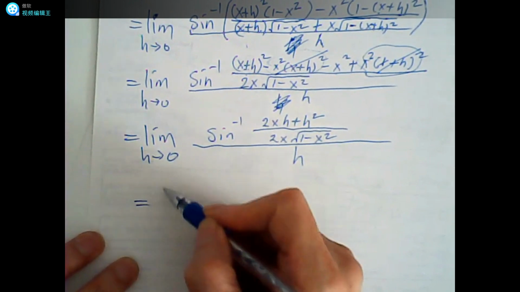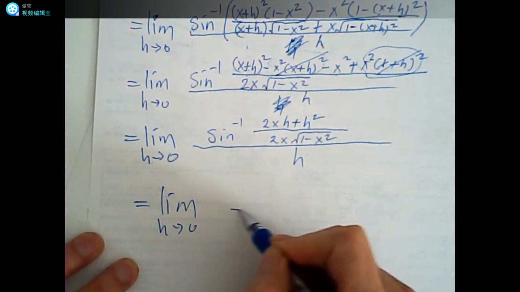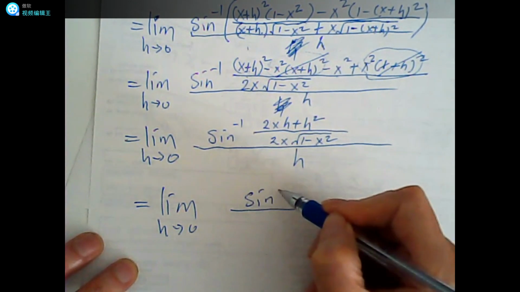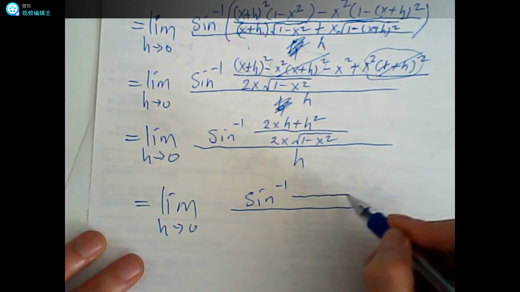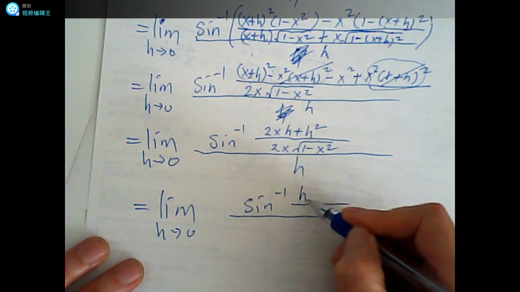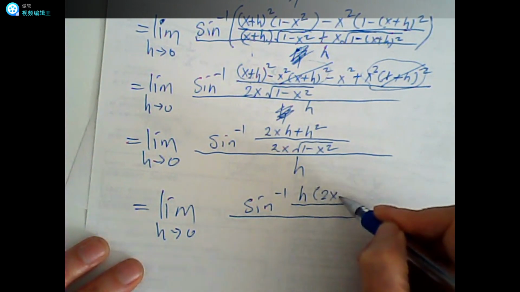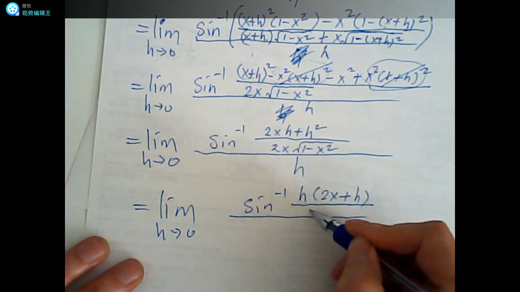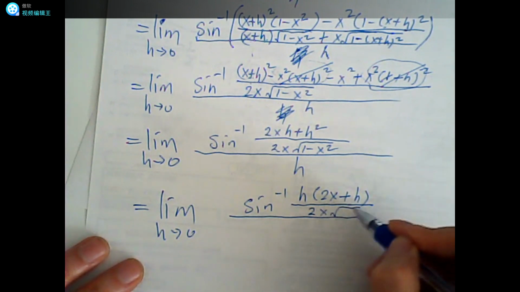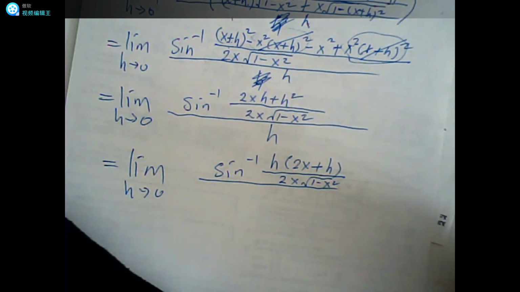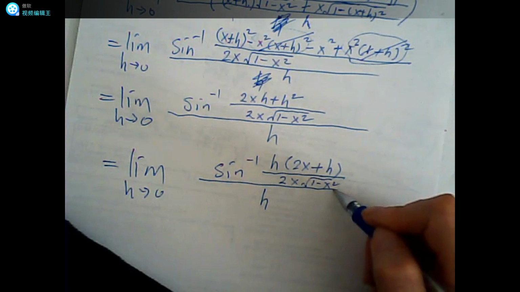Now 2x cancels out. h, arcsine inverse, so this is h times (2x plus h). This is 2x times 1 minus x squared. This is h, right?